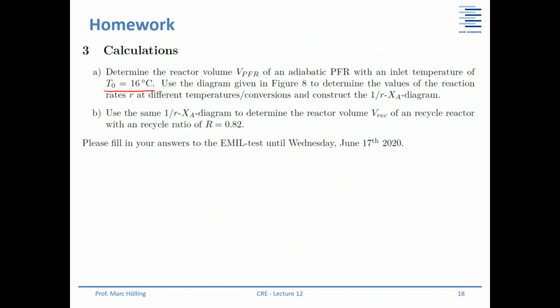To determine the values of the reaction rates at different temperature conversions, and construct the 1/RXA diagram. So this is basically just what I showed you here. You have to do it with the inlet temperature of 16 degrees and calculate the reactor volume. And B is use the same 1/RXA diagram to determine the reactor volume of a recycle reactor with a recycle ratio of R equal to 0.82.